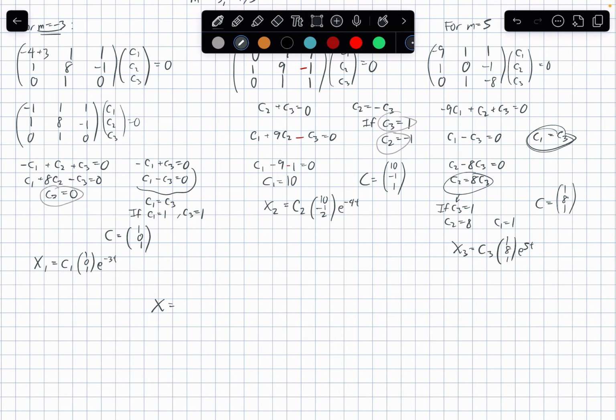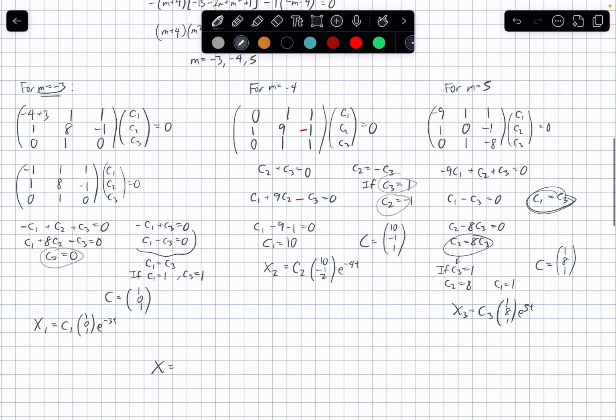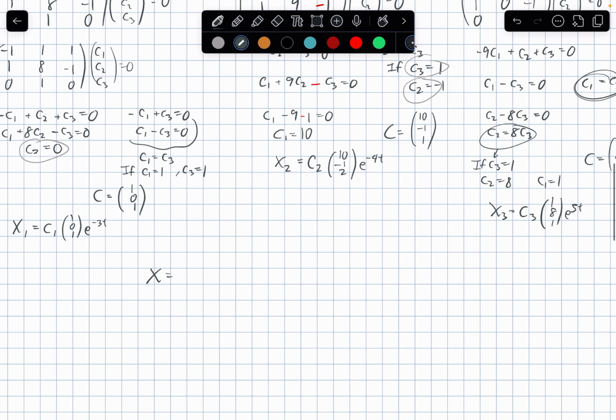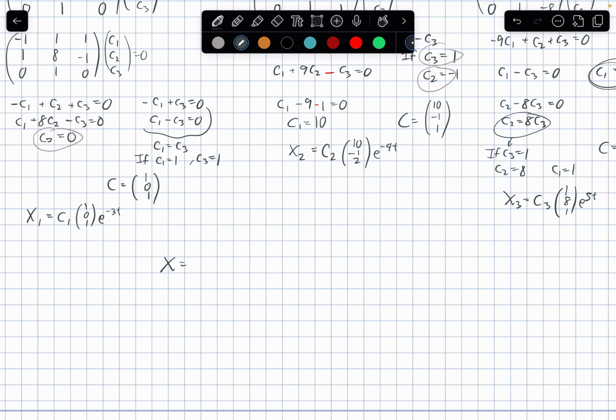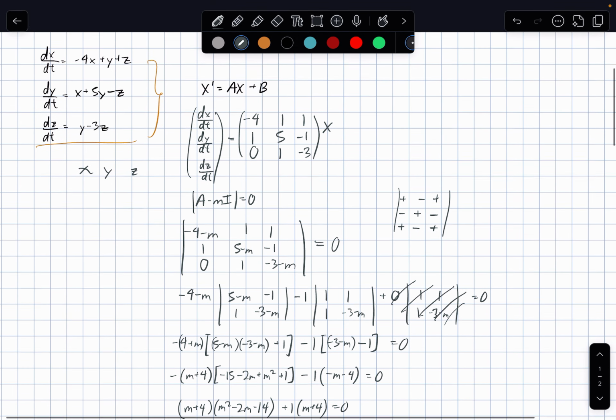Okay, so now that we evaluated each eigenvalue, for our general solution, usually we're given a boundary condition, no? Values of x and t. But in this case, we are not given any information on it.